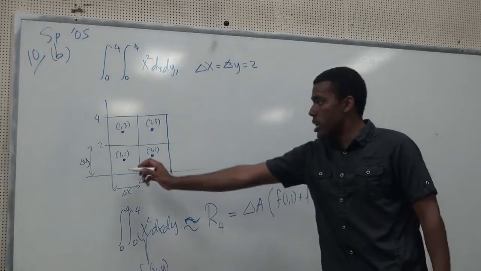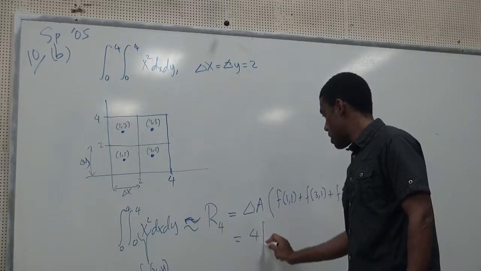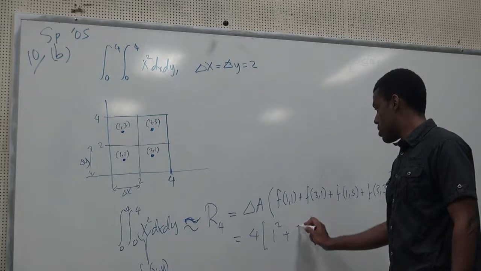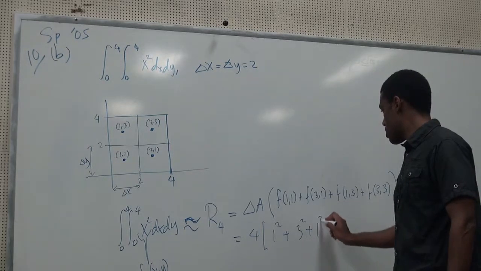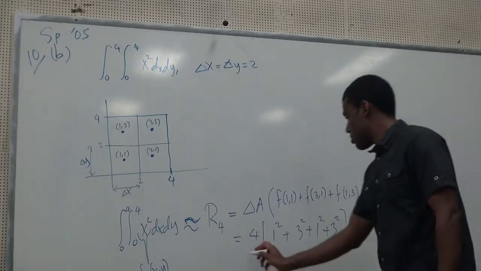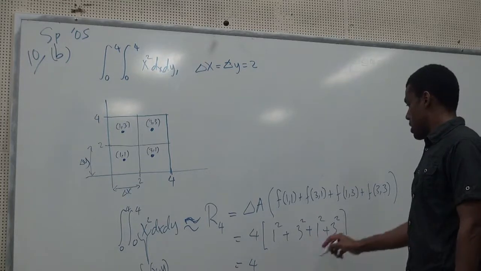Your delta A is just the area of this rectangle, which is 4. So that's 4 times, you square the x, so it's 1 squared plus 3 squared plus 1 squared plus 3 squared, which is 4 times 20.